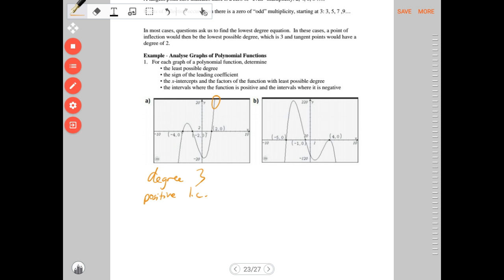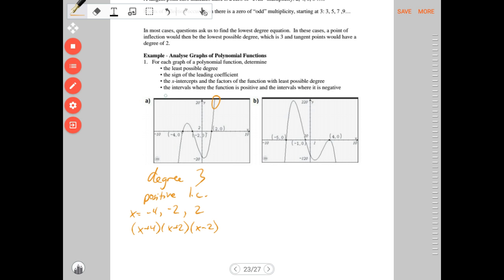The x-intercepts are -4, -2, and 2. That's right off the graph. Then the factors are x plus 4, x plus 2, and x minus 2. So that is the factored form of this.